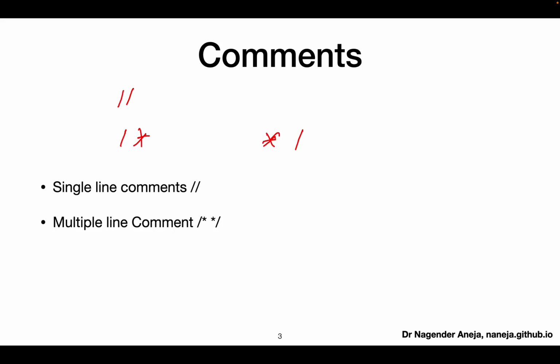A single line comment uses the double slash. Anything with multiple lines, at least two lines, we can use the slash star. Of course we can use it for a single line also, but we need to end it with star slash. The double slash does not need an end, because the new line is the end of it.